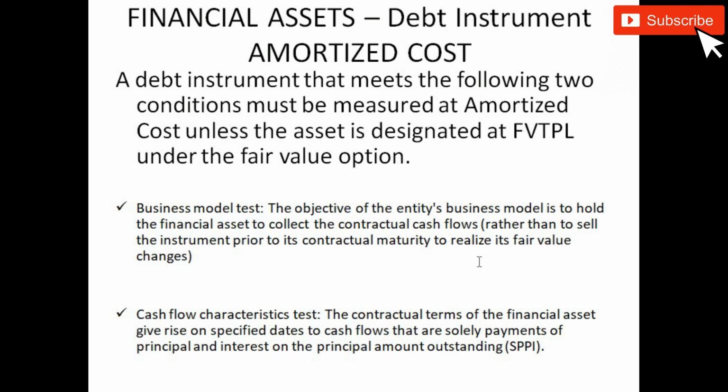So if an entity meets these two conditions, the business model test and the cash flow characteristics test, then that entity qualifies to measure its debt instrument using amortized cost. So let's take note of these two conditions.